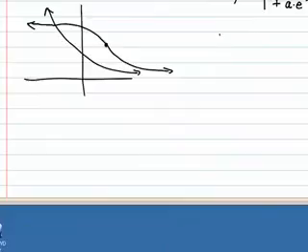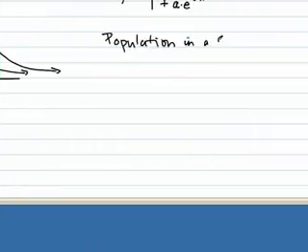So let's say we have a story problem where we're looking at the population in a new subdivision. A builder's coming along, putting up new houses, people are buying the houses, and this change in population tends to be logistic.